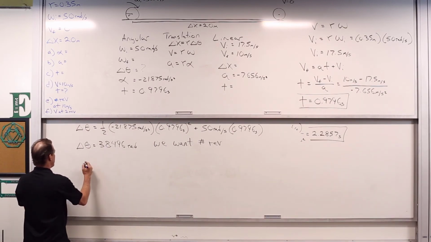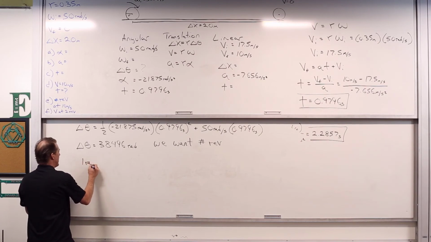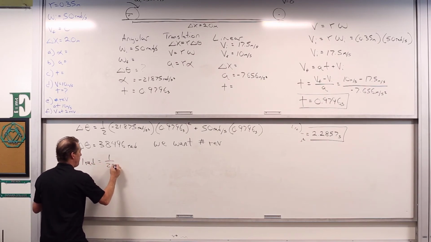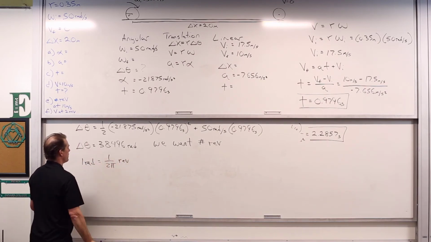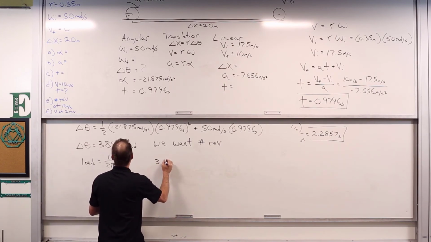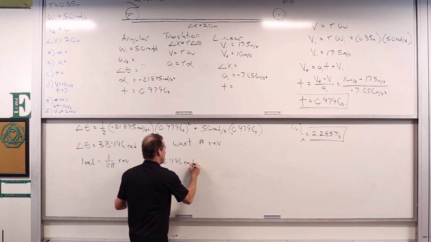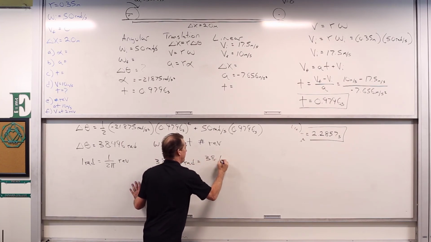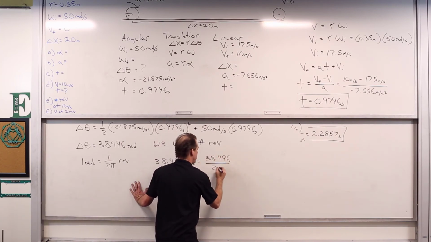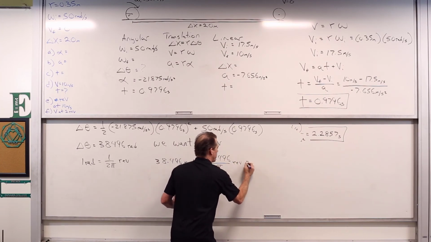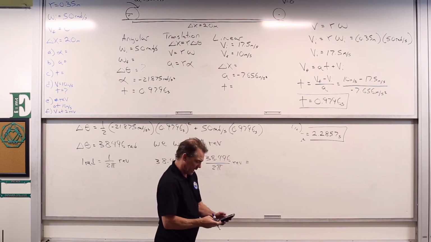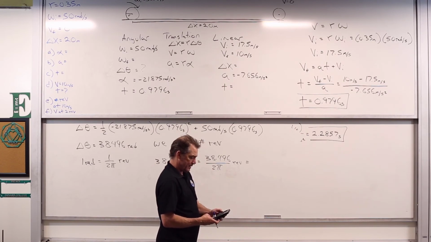We got the number of radians, and we've got that 1 radian is equal to 1/2 pi revolutions. So 38.496 radians is equal to 38.496 divided by 2 pi revolutions. So we just take that, divide it by old friend 2 pi.